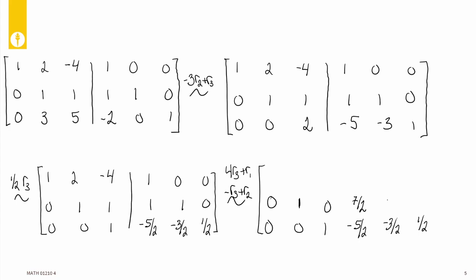Three halves plus 1. Negative a half plus 0. 1, 2. That becomes 0. Oh, okay, that's not too bad. Negative 10 plus 1. Negative 6 plus 0. And then 2 plus 0.